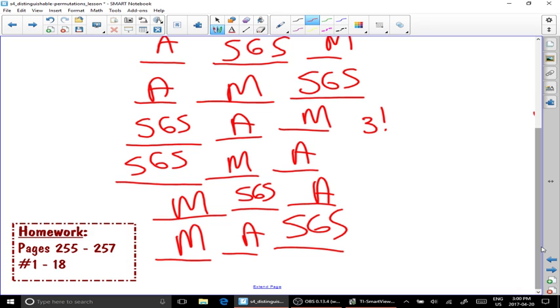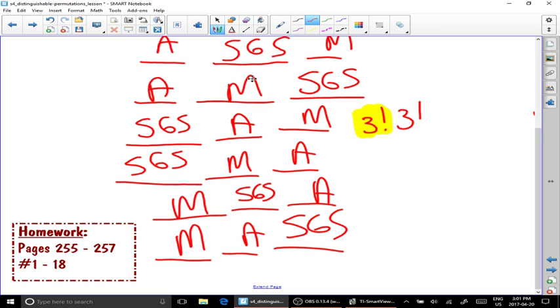So there are 3 factorial ways of arranging Abby, Mika, and the group. But there's also 3 factorial ways of arranging Sam, Sophie, and Gracie within each of those groups.